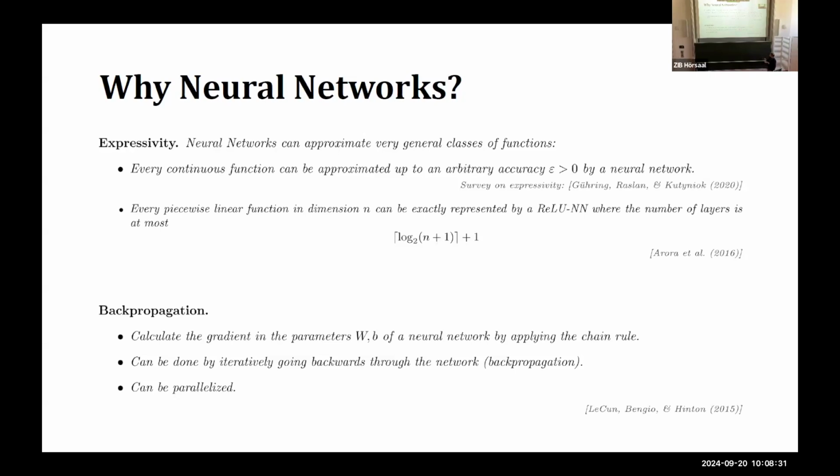And by the way the neural network function is defined, as a concatenation of functions, you can use the chain rule to calculate the gradient of this function. So you go basically from the end backwards through all these functions, through all the layers, to calculate the gradient. That's what's called the backpropagation.